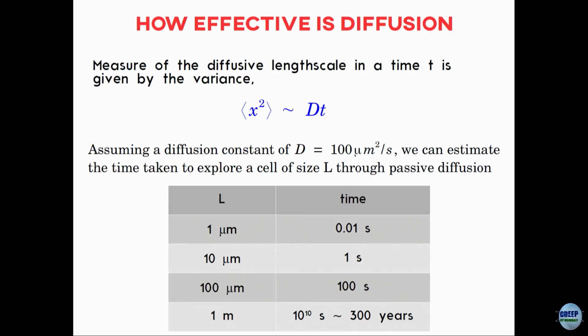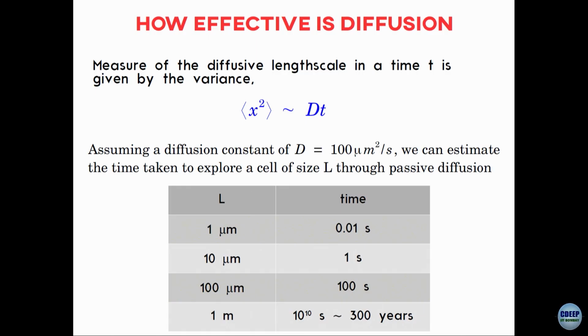If your cells become larger, the time scales to traverse the full cell by pure diffusion alone become very large, because most biological processes have to happen over time scales of seconds. If you have to wait a few minutes for a protein to go from one place to another, or, I write 1 meter, this looks astronomically large, but there are in fact neuronal cells in our body which are meter long. So, this is not an unreasonable number for a cell. Nerve cells are indeed very long, and they can be of the order of meters.